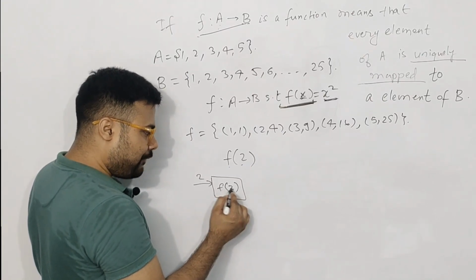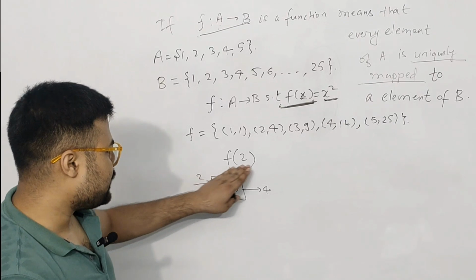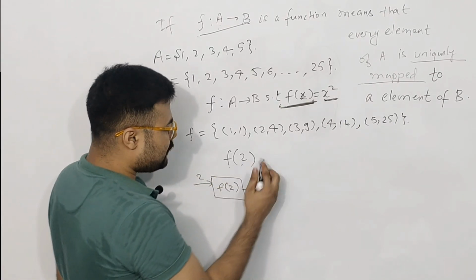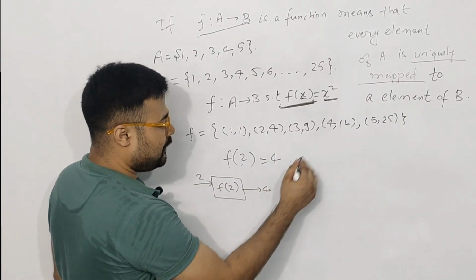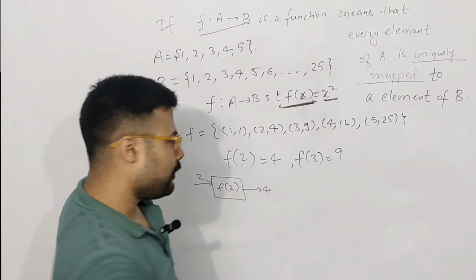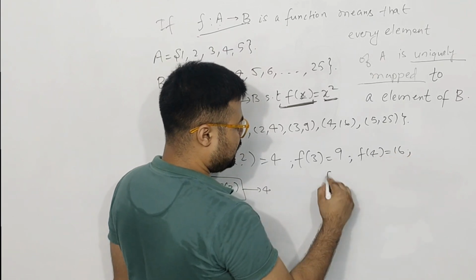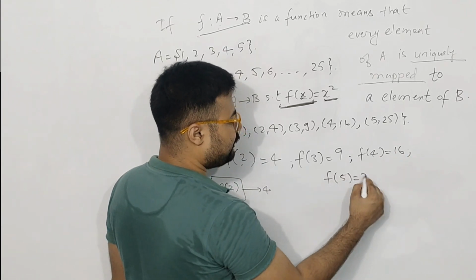By applying the rule f on 2, you get 4. So this is a representation: f2 is equal to 4. Similarly, f3 is equal to 9, f4 equals 16, f5 equals 25.